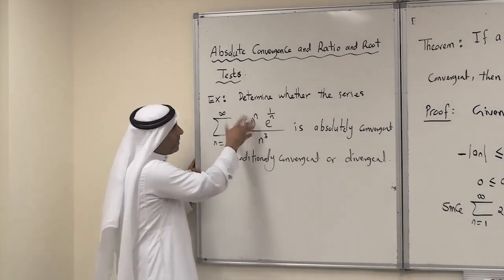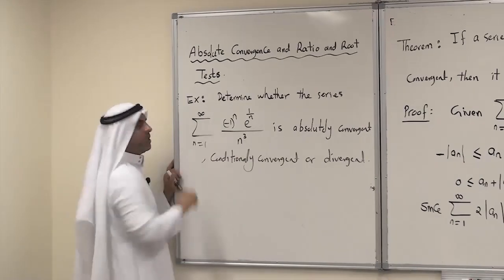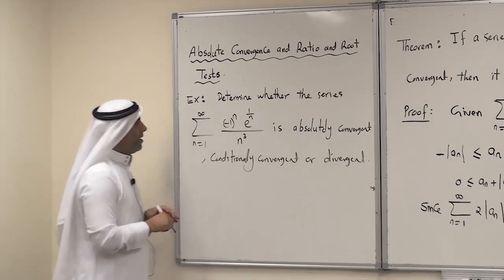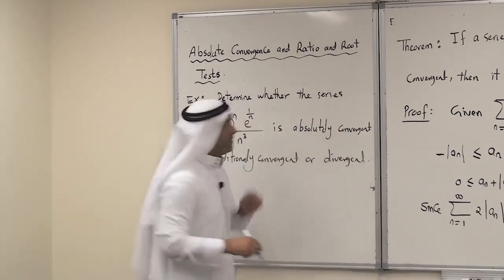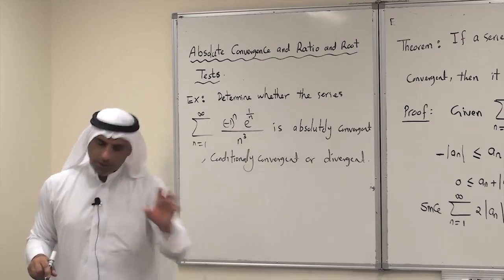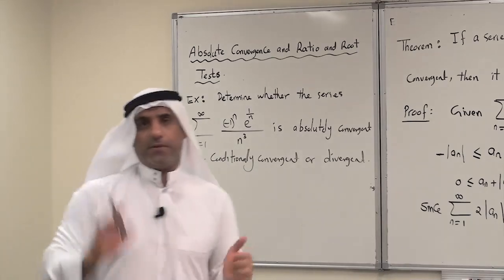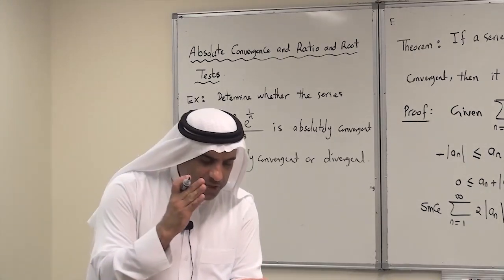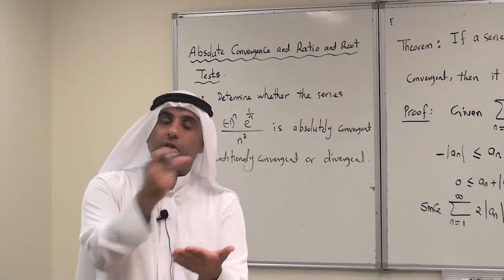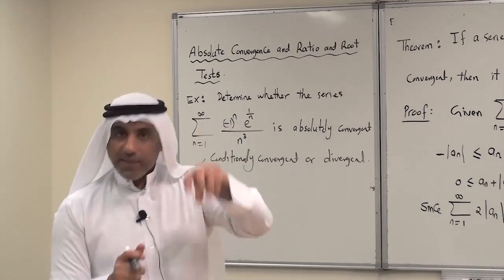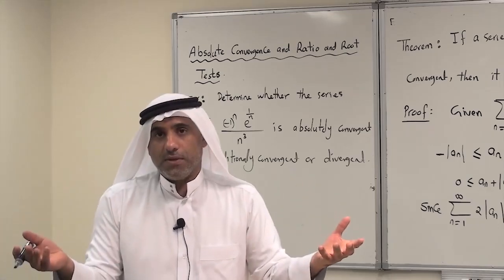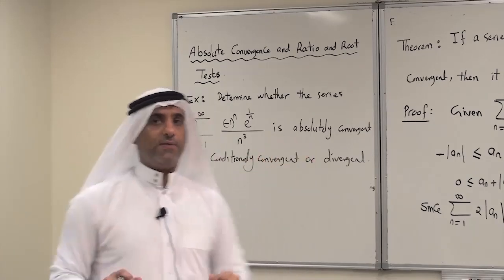We may apply the alternating series test to check the convergence here. But I advise you to always start with the absolute convergence. If it happens to be absolutely convergent, you are done. It is convergent. If it is not absolutely convergent, then you need to check convergence by another test, maybe the alternating series test. If it passes, then it is called conditionally convergent. If not, then it is divergent.